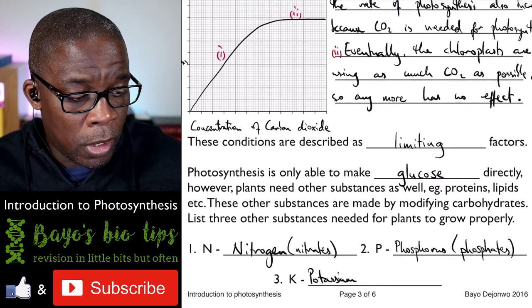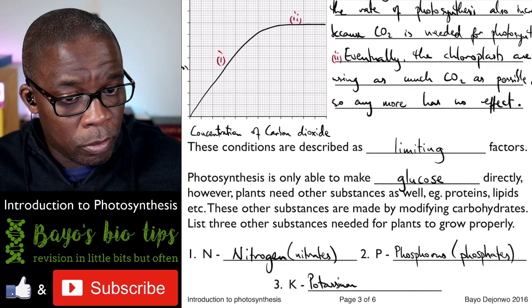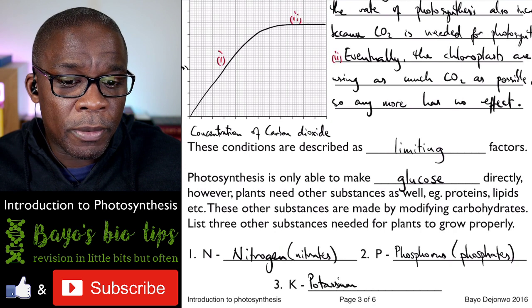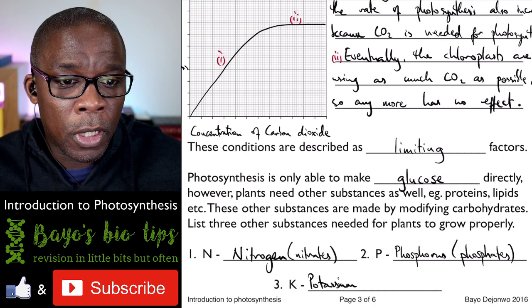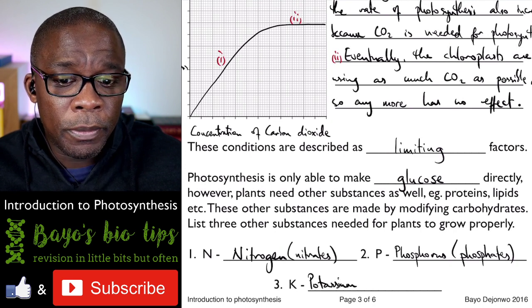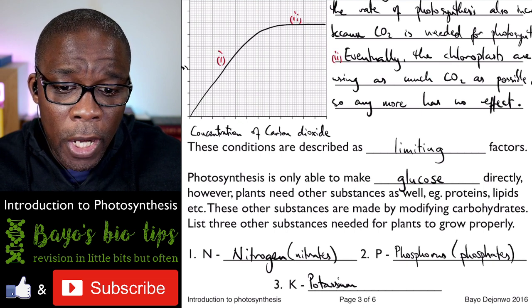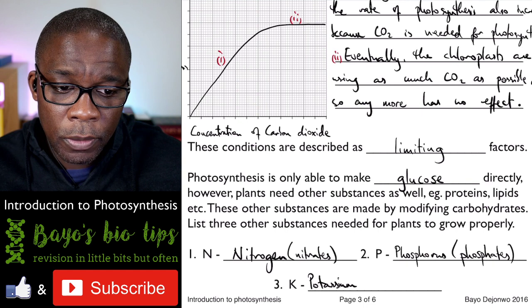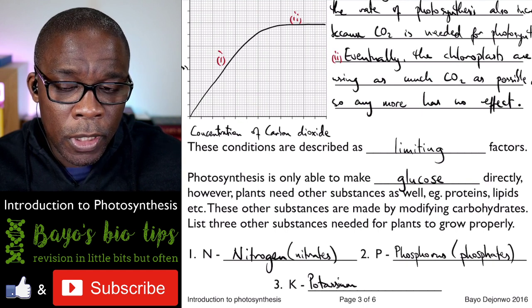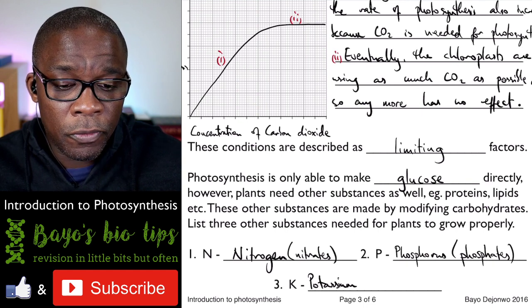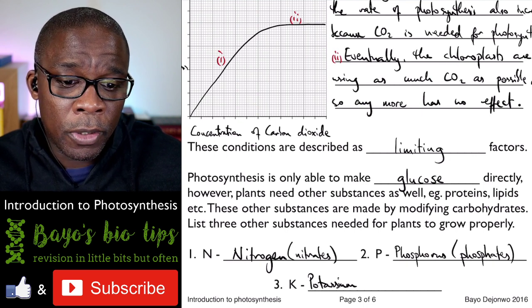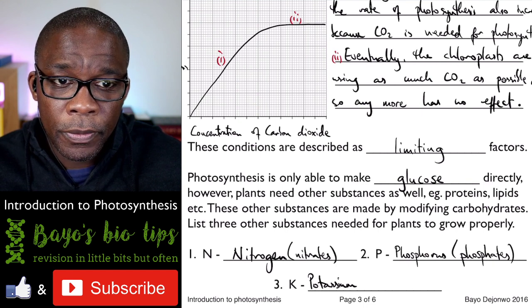And these are amongst the most important substances the plants need beyond carbon dioxide and water. So you've got N, which stands for nitrogen, which comes from nitrates. You've got P, which stands for phosphorus, which comes from phosphates. And then you've got potassium, K, which comes in the form of potassium salts.